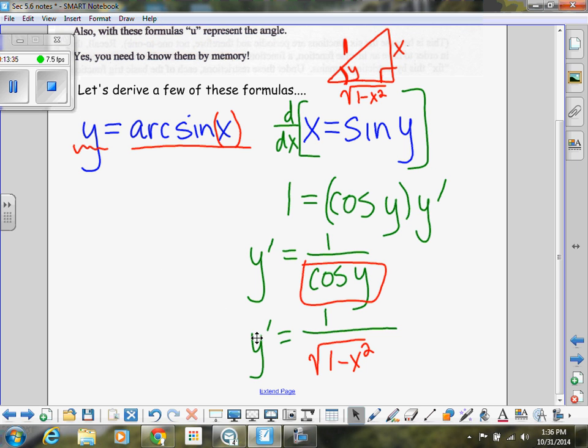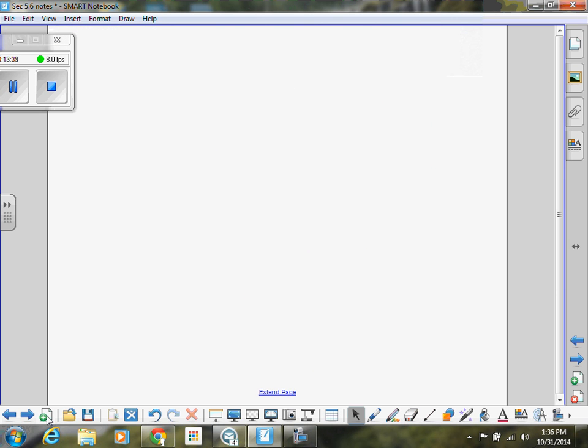So let's do one more, and then you guys can do one on your own for fun. Let's do y equals arctan x. We're trying to find the derivative of this. So again, in order to do the derivative, I'm going to rewrite this in terms of tangent, not arctan.